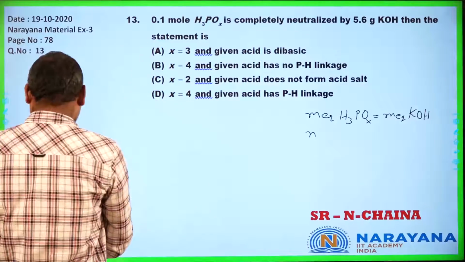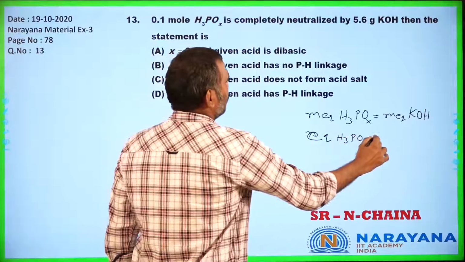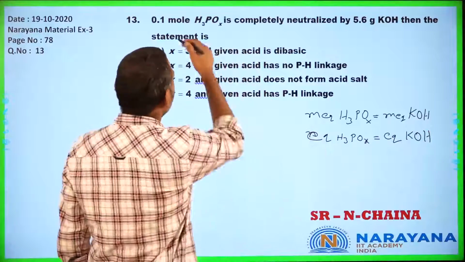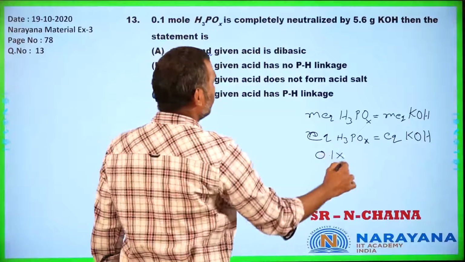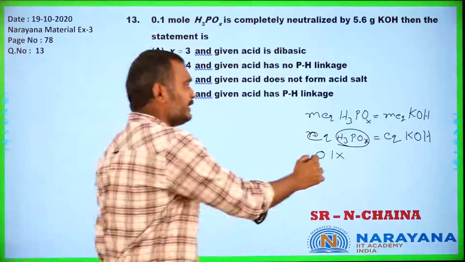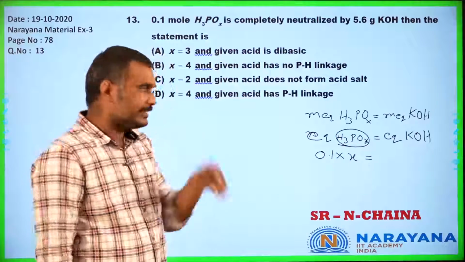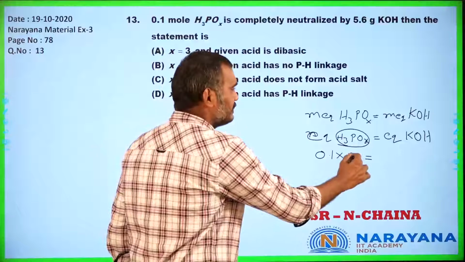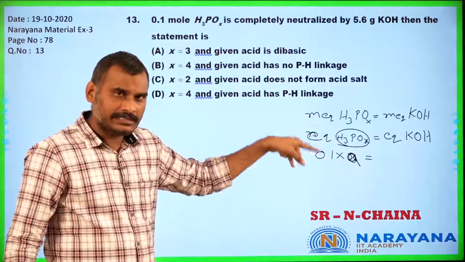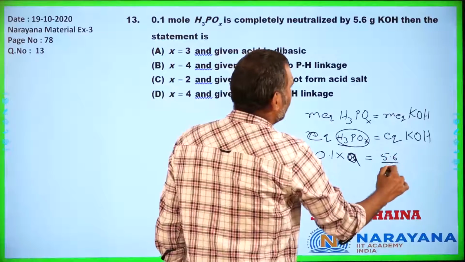Otherwise, I will directly apply equivalence of H3POX is equal to equivalence of KOH. Number of equivalence of H3POX is nothing but 0.1 into its basicity, which I don't know, that is moles into n factor. Let us say that n factor is equal to A. For an acid, n factor is nothing but its basicity, equal to 5.6 by 56.